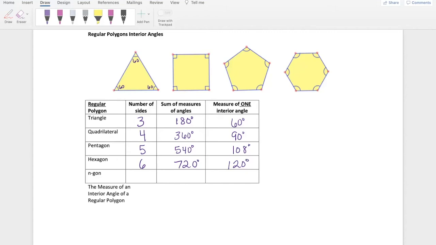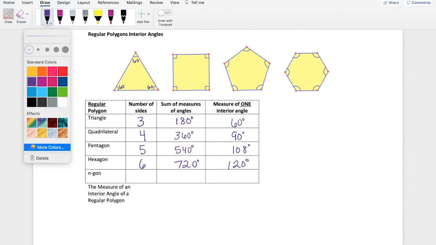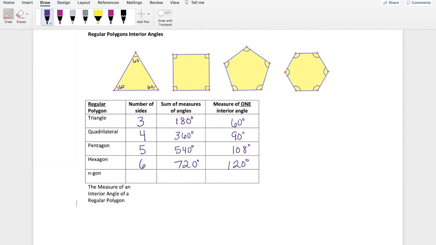So let's use a variable. We'll say n here. So if it was n. And our sum of measures of angles, we had that in our table up above. And we said that was 180 multiplied by the number of sides minus 2.